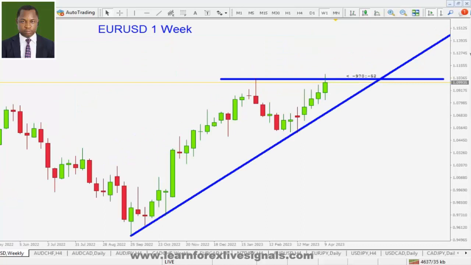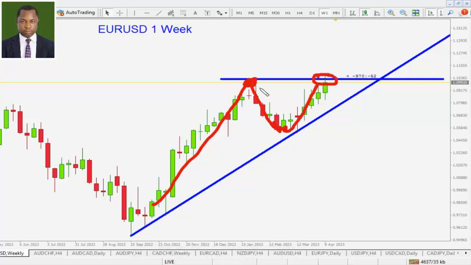First swing to the upside, then a retracement back up again to retest that level. In the weekly time frame, I am not seeing any sign of a reversal. It's still very much active. The bulls are still very much active in the weekly time frame.